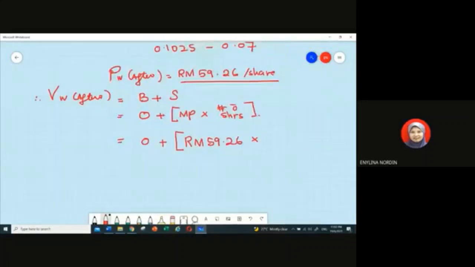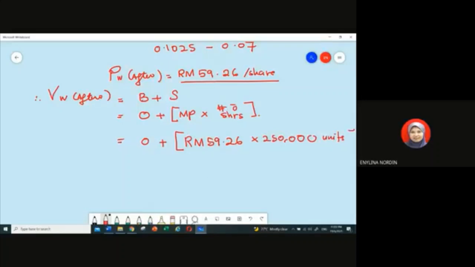There is no change in the number of shares because Wangsa Setia has not issued additional shares, so the number of shares is still 250,000 units.